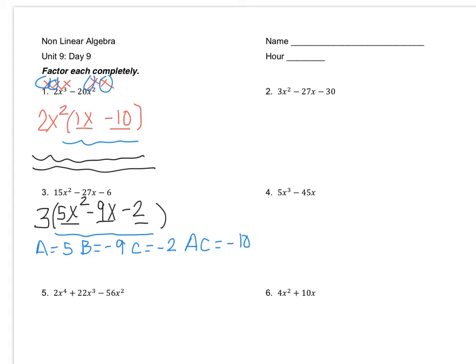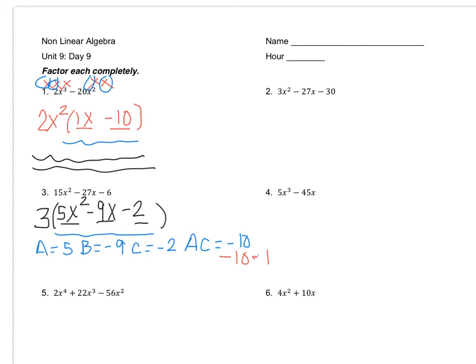So you need to find the factors of negative 10 that would add up to negative 9. Well, I see it right away. Negative 10 times 1 gives me negative 10, but when I add those together, it gives me negative 9.